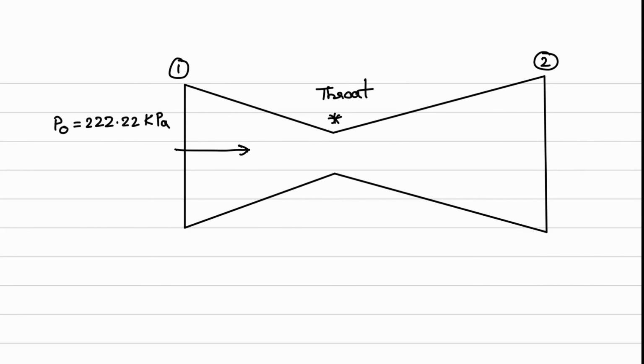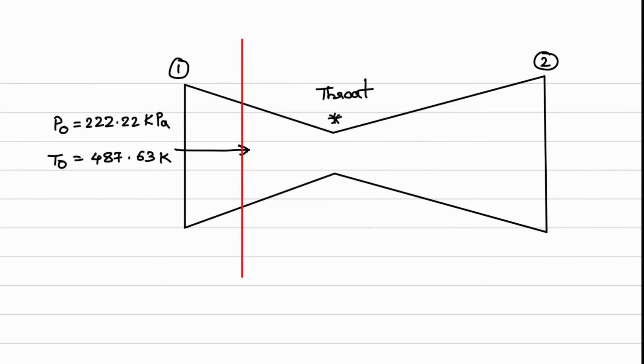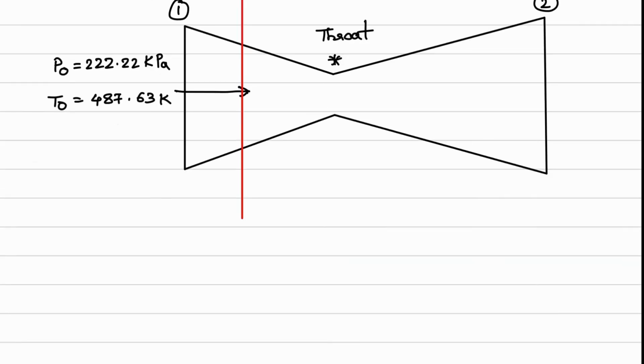Then T0, stagnation temperature, means we are talking about the entry of the nozzle. So that T0 is equal to 487.63 Kelvin. So basically this is at point 1, we can say exactly. Then at some section, it has been given in the question, we had found certain properties. What were those?